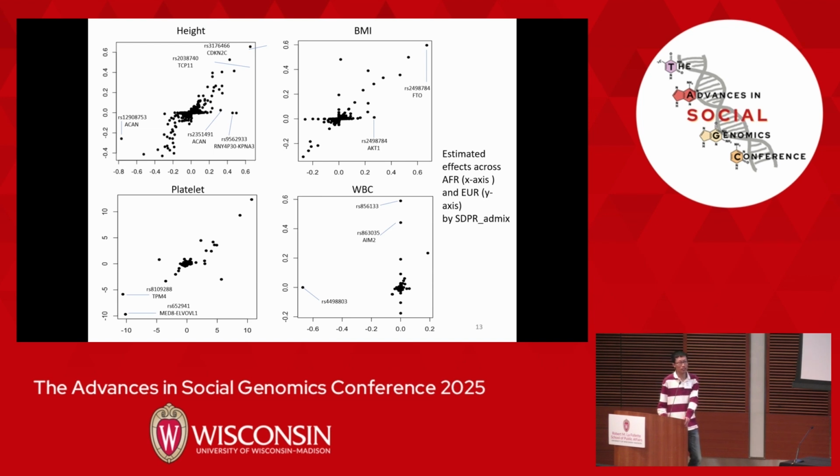Yeah, so first, in the IPGS paper, they compare their performance with PRS-CSx, which uses the European GWAS with those small sample size African GWAS. And I think they find that for some traits like WBC, the performance is actually better when directly working with the individual data from the admixed populations.